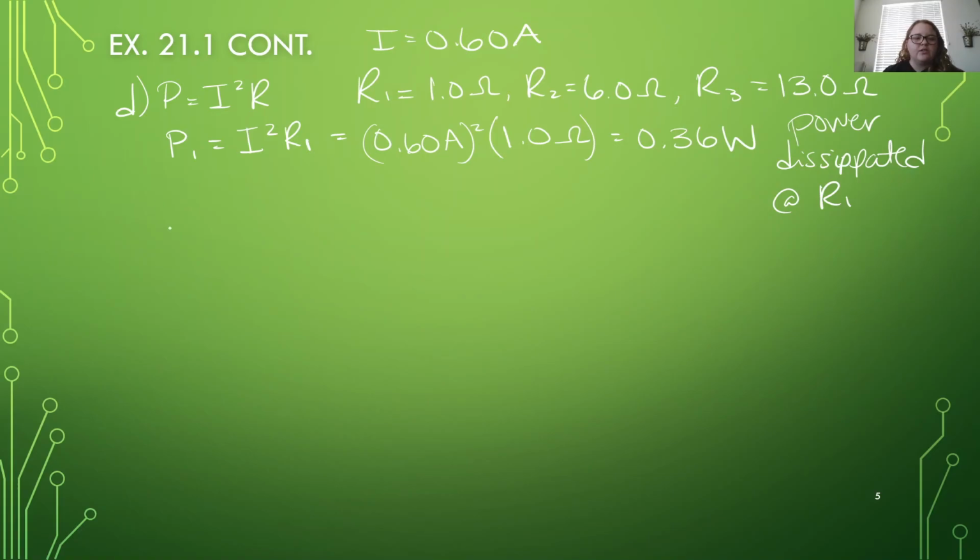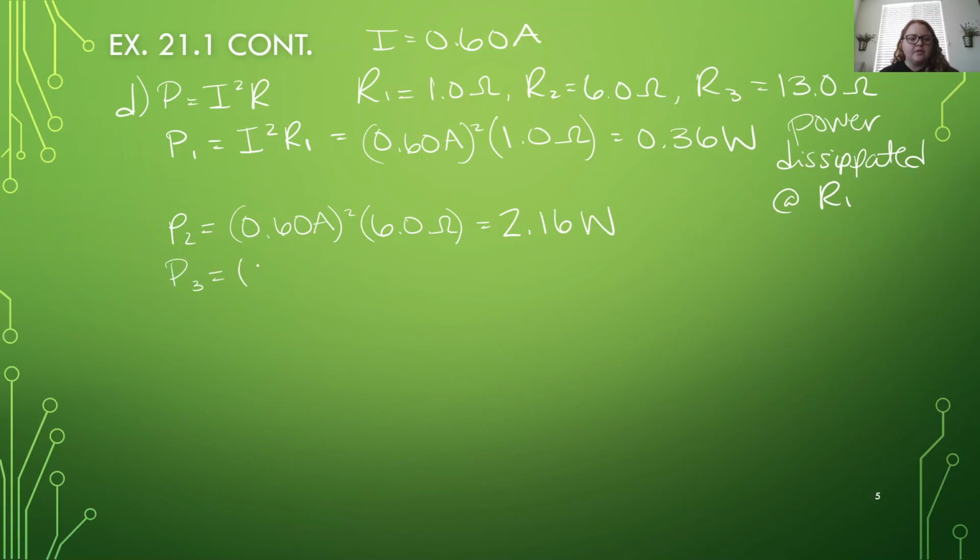All right. So P2 will then be 0.60 amps because that remains the same, multiplied by 6 ohms. So 0.6 times 0.6 times 6, and we get 2.16 watts.